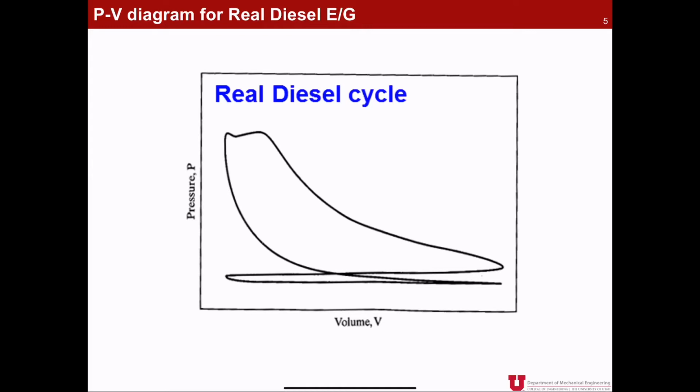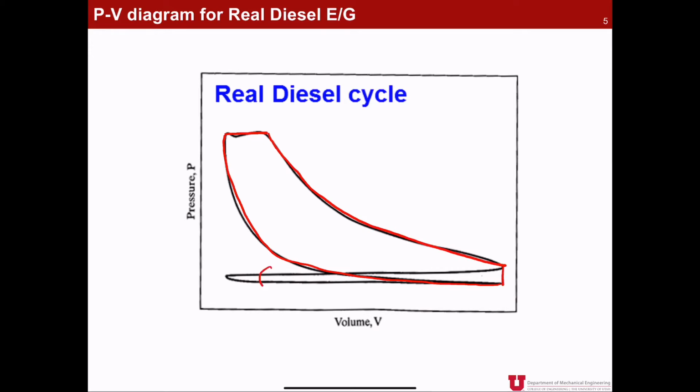So if we try to draw the very simple PV diagram from the real diesel cycle PV diagram that we can measure from the engine, we can see that we start from here, then compression and combustion or heat addition, expansion, and exhaust blowdown or heat rejection.